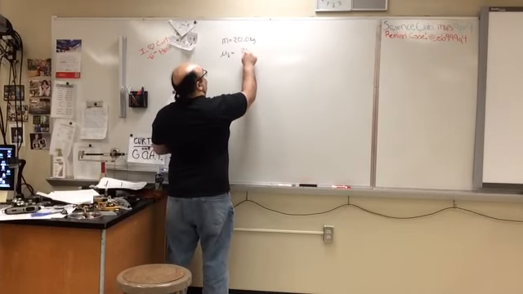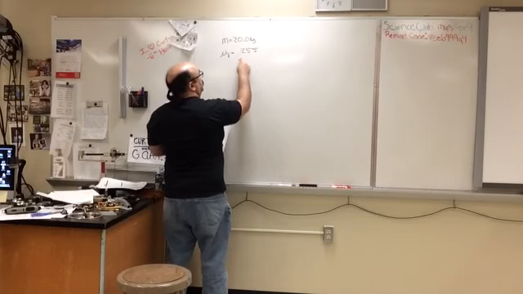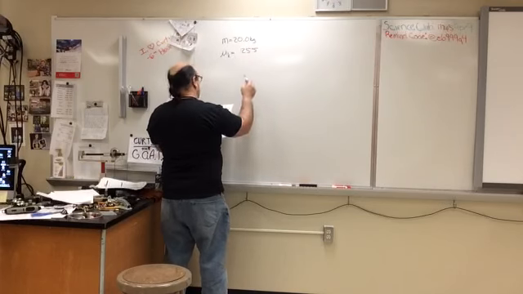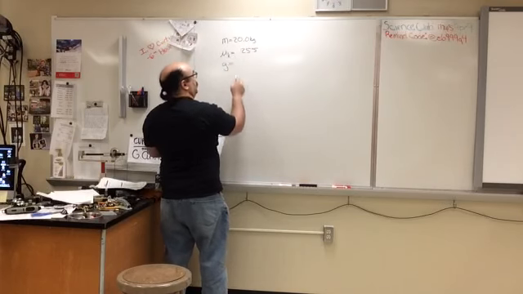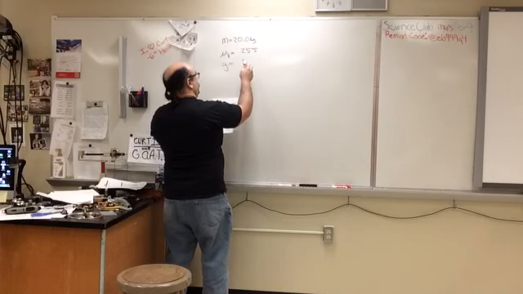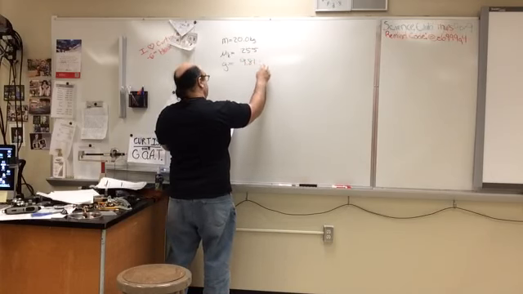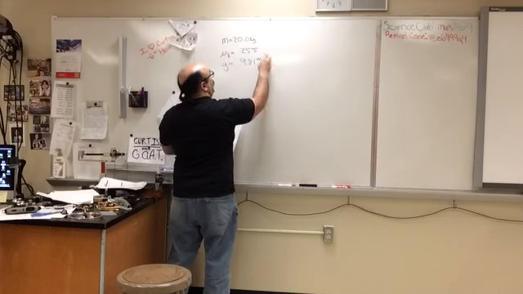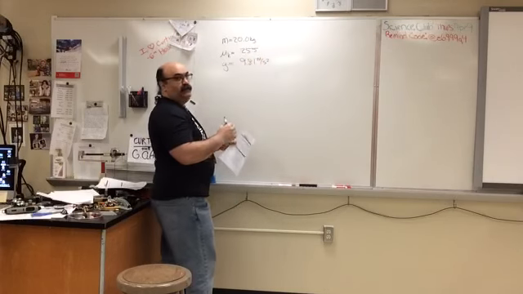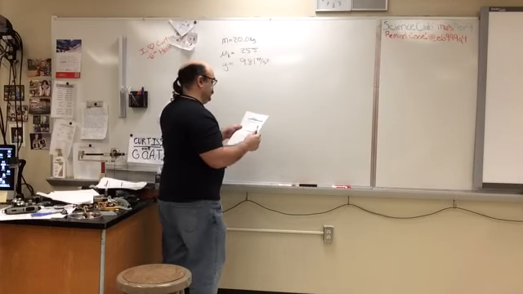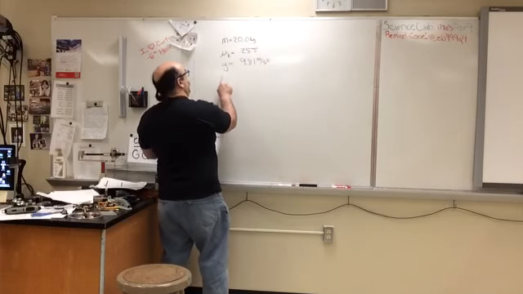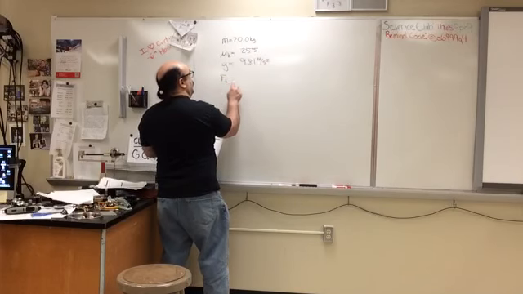Is 0.255. We know that gravity, little g, the magnitude of the acceleration due to gravity is 9.81, and that is in meters per second squared. There is no unit for the coefficient of friction. It's a unitless measure. We want to find the force of kinetic friction.